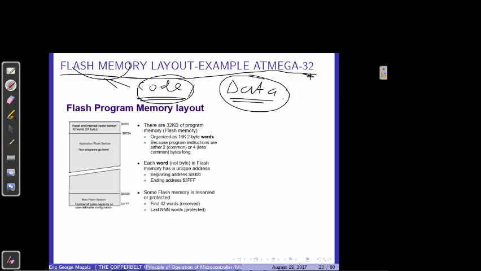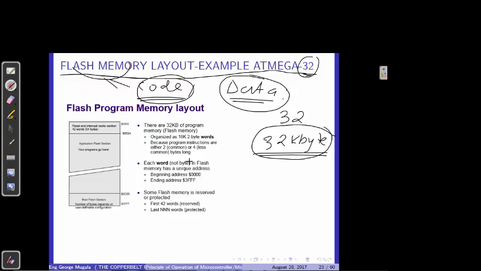And I want to mention that this 32 right here that you see refers to the size of that program memory. In this case, this program memory is 32 kilobytes of space. That is the size it holds.